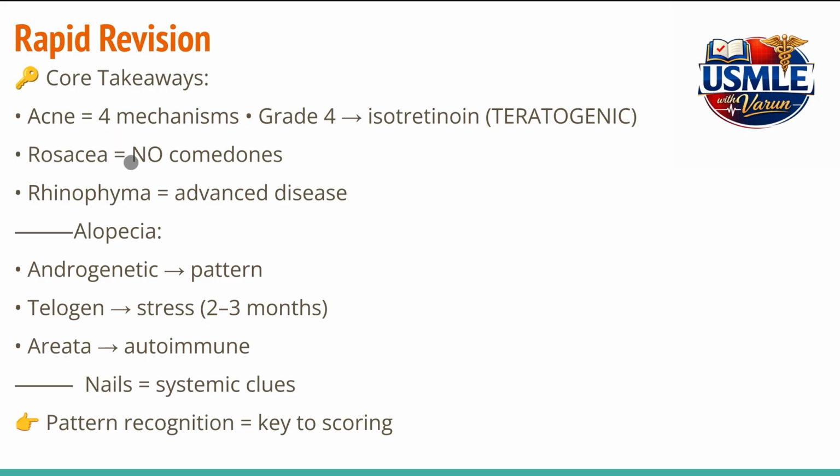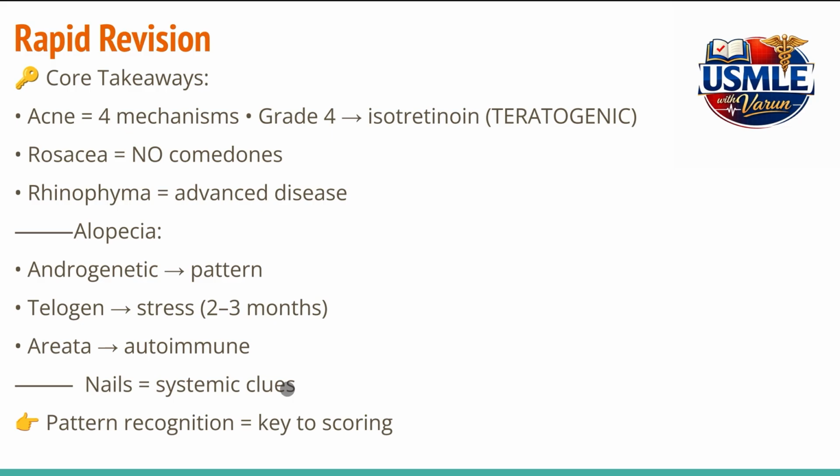Rosacea can look like acne, but the key difference is the absence of comedones. In hair disorders, pattern recognition is the clue. Androgenetic alopecia shows patterned hair loss, whereas telogen effluvium has a delay after stress, and alopecia areata is autoimmune with patchy loss and smooth skin. Nail findings act as windows into systemic disease, so each pattern tells us something specific.